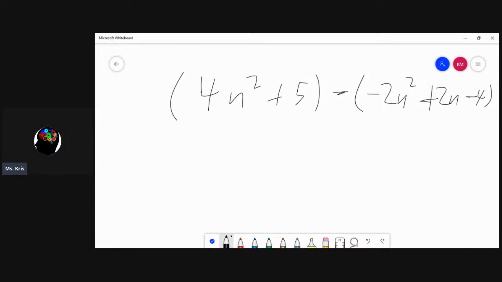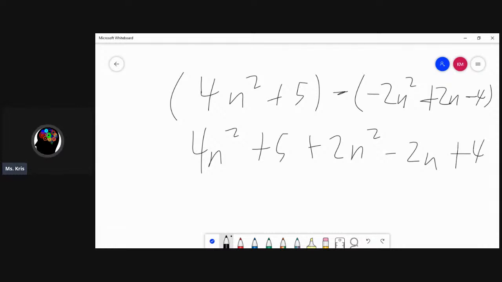So everything in the parenthesis next to the negative sign, the signs are going to change. That means I have 4n squared plus 5, minus to minus is a plus 2n squared, minus to plus is a minus 2n, minus to minus is a plus 4.